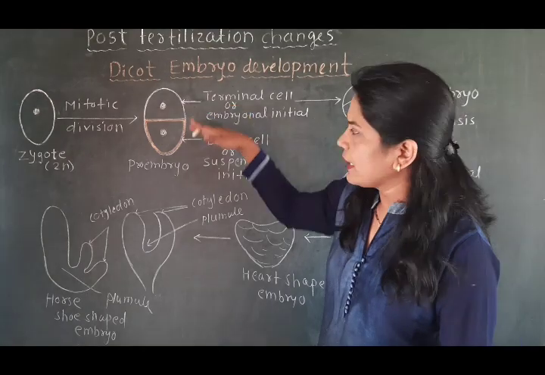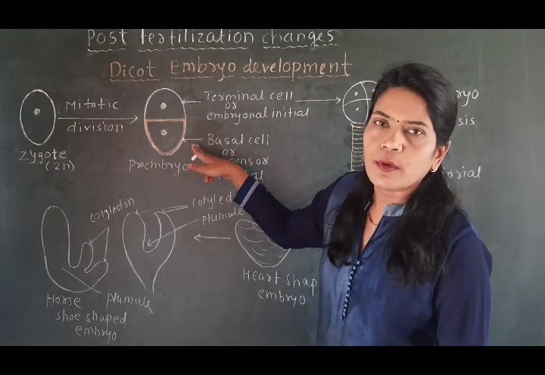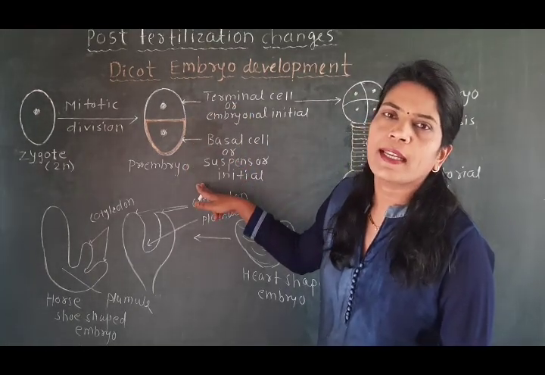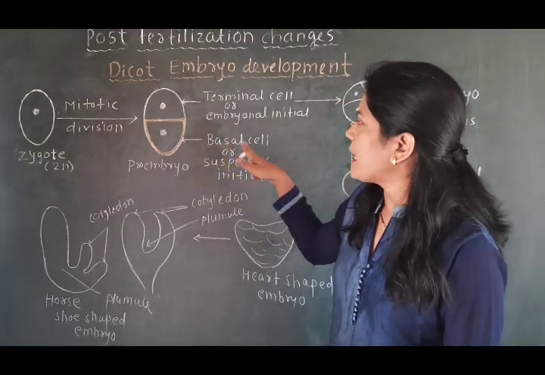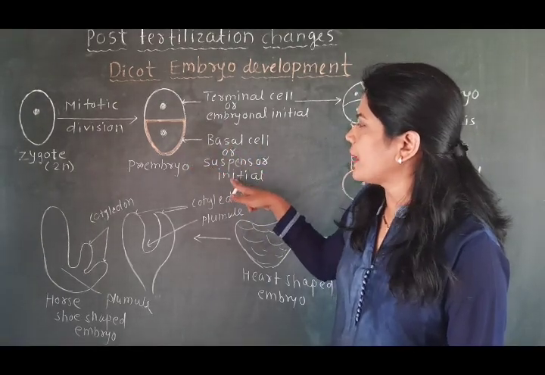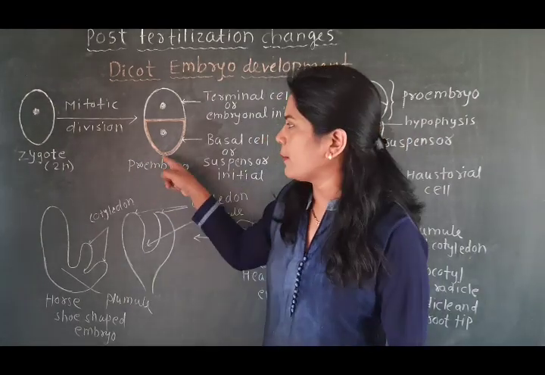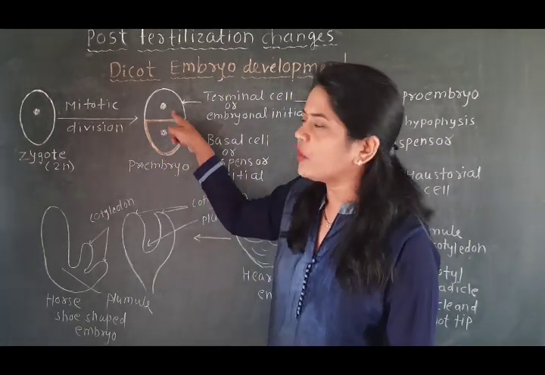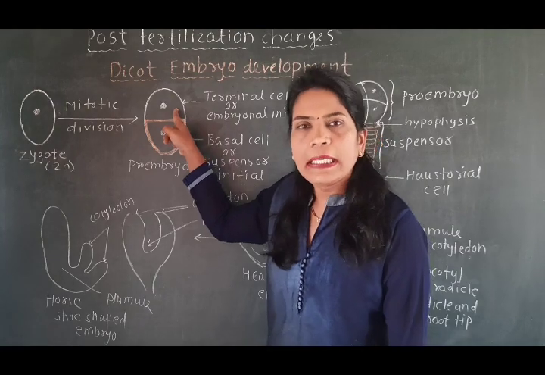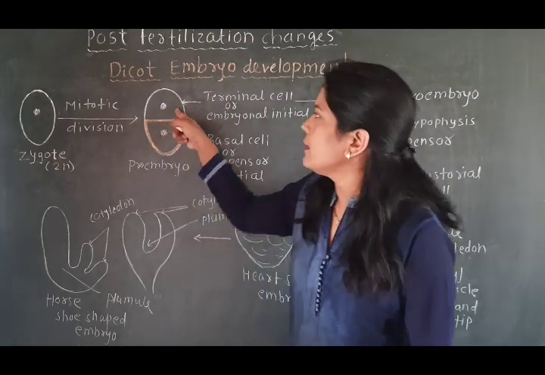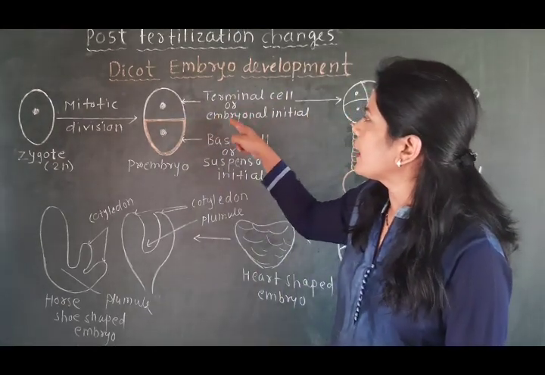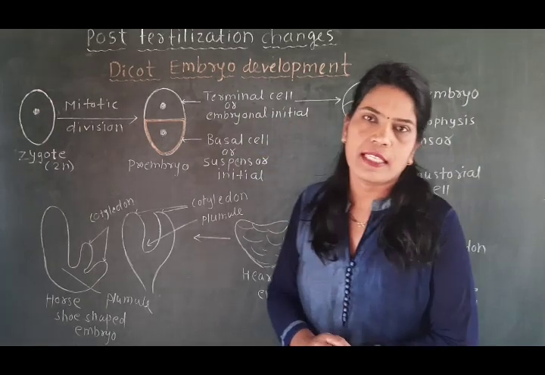So the end of this proembryo which is near the micropyle is called the basal cell or the suspensor initial cell, and the other cell of this proembryo which is near the chalaza end is called the terminal cell or the embryonal initial cell.